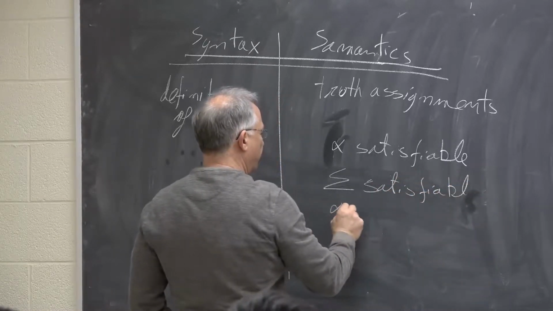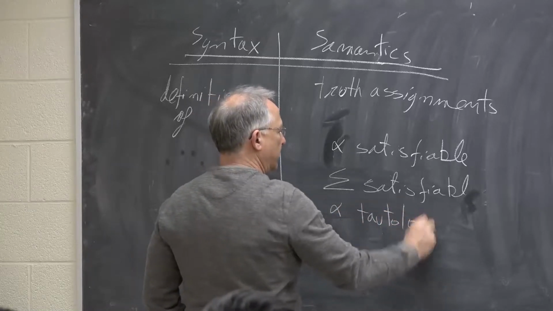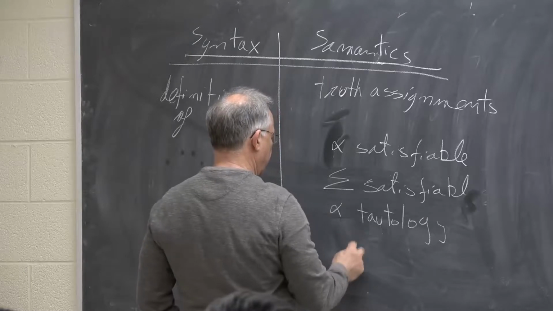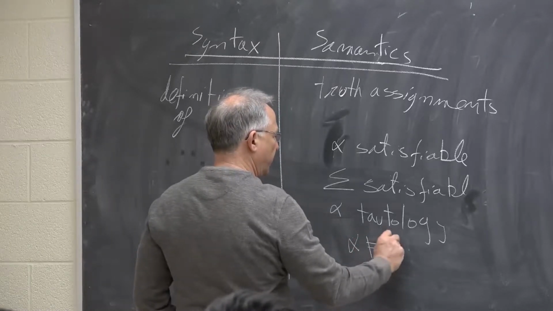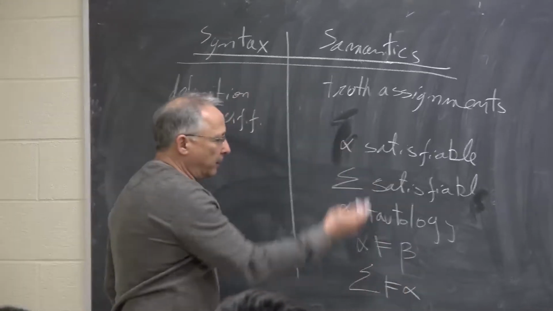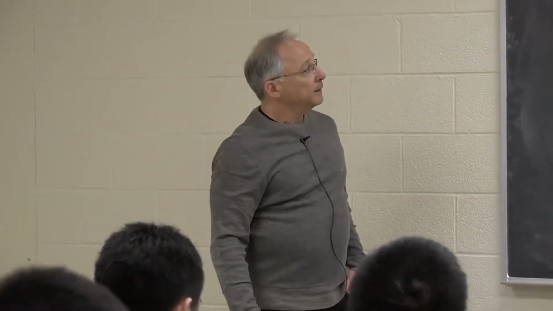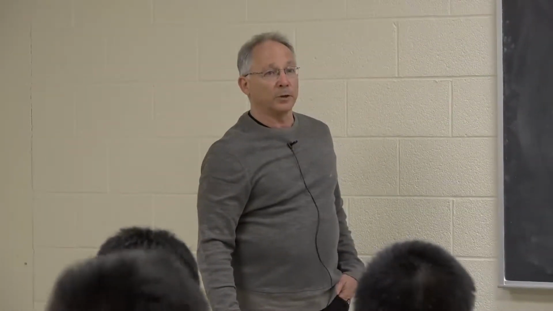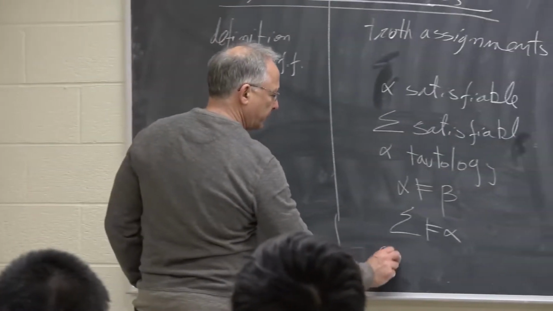And we have alpha is a tautology, alpha logically implies beta, and sigma logically implies alpha. All of these were semantic notions. And we had here also the compactness theorem.